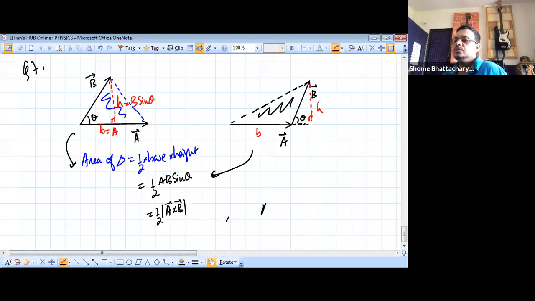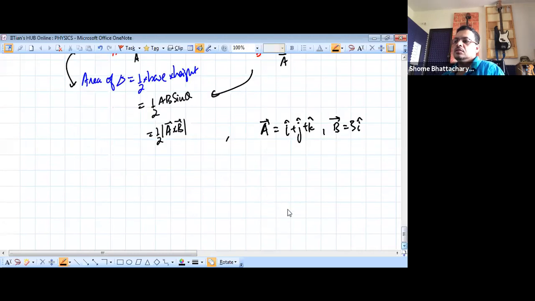So here all we have to do is find this cross product. A was given to us as i plus j plus k, and B was given to us as 3i cap. So A cross B is i plus j plus k cross product with 3i cap.